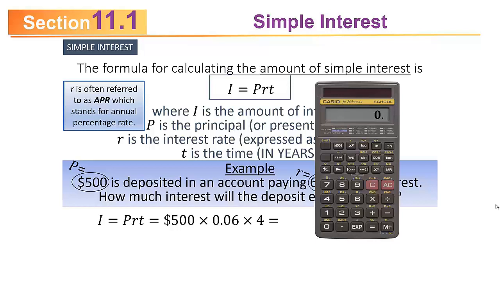If you multiply those three numbers together, 500 times 0.06 times 4 equals 120. So you'd make $120 in interest if you put $500 in at 6% for a period of 4 years, if the interest were simple interest.